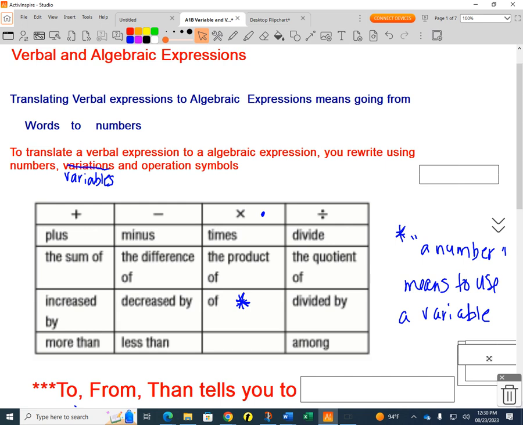Once you're finished writing, go ahead and look at the other paper I gave you and look at divide. See if you see anything that looks wonky there. The ratio of, yeah. All right, so the quotient we talked about, and divided by, but the ratio of.